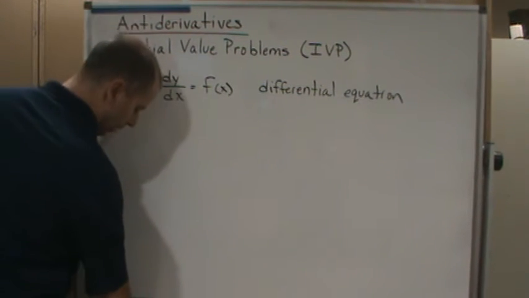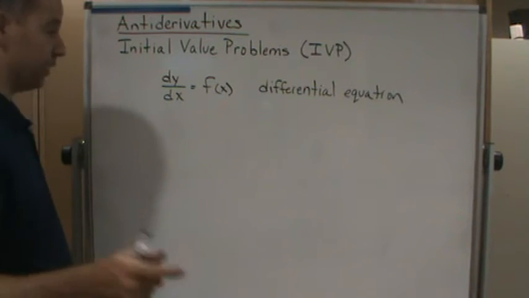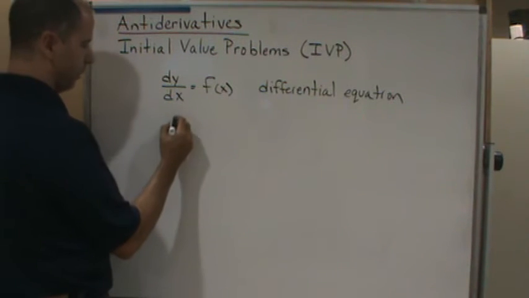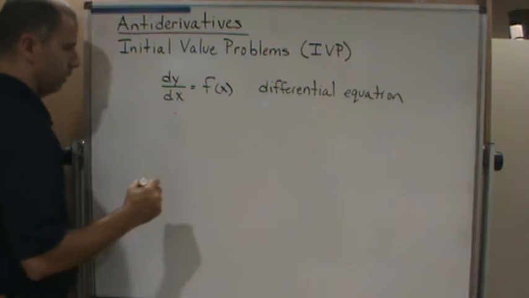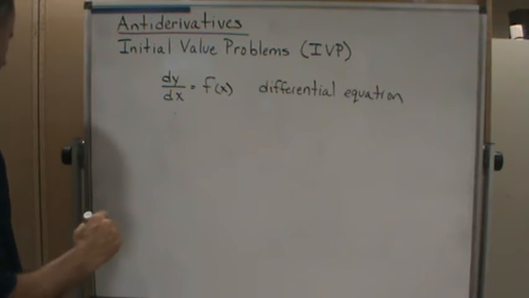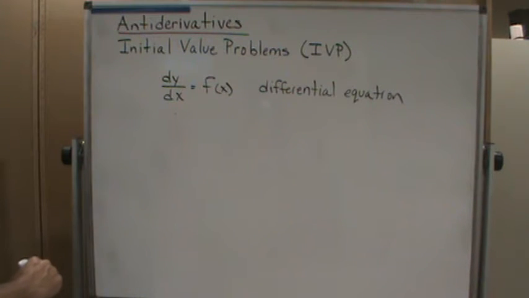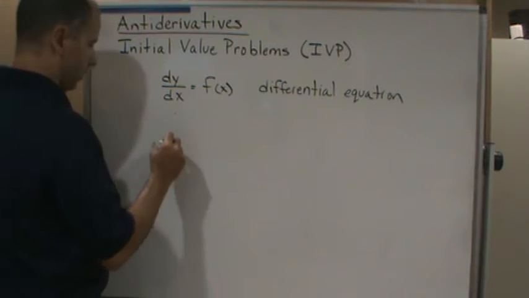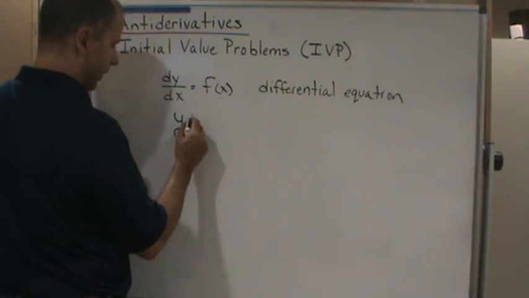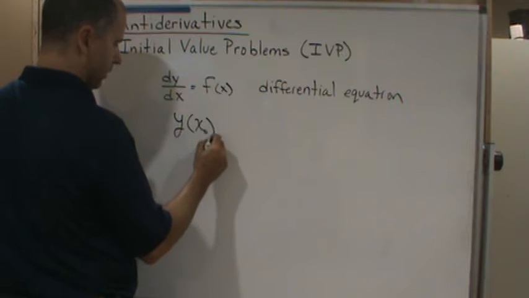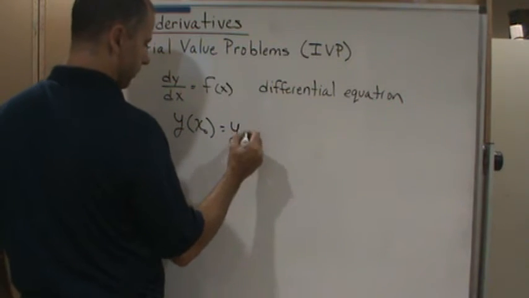Okay? So, in other words, the way this would be set up is we would be given an additional condition, which would be, say, for example, y of x naught is equal to y naught.